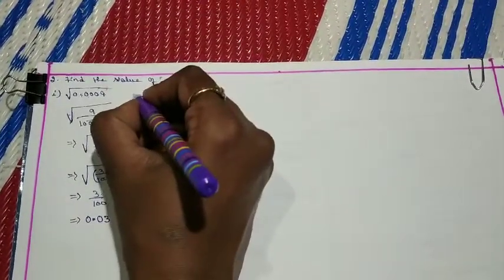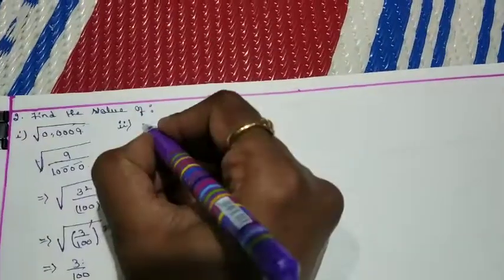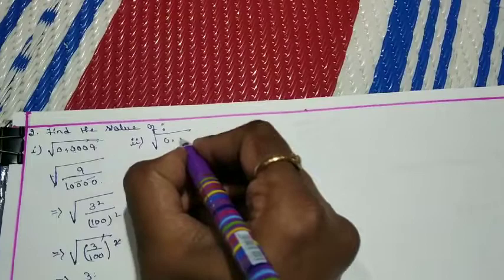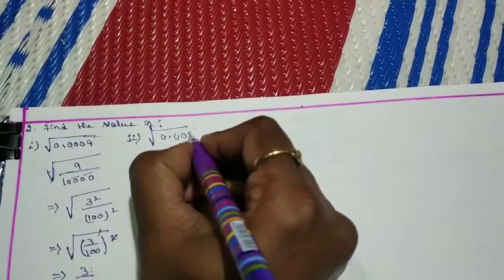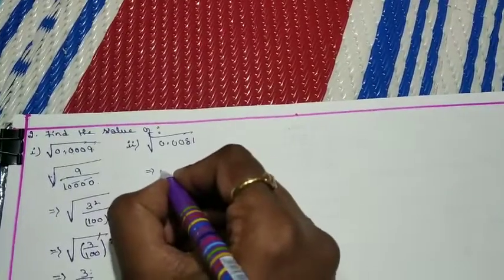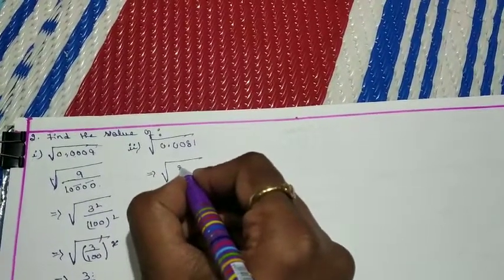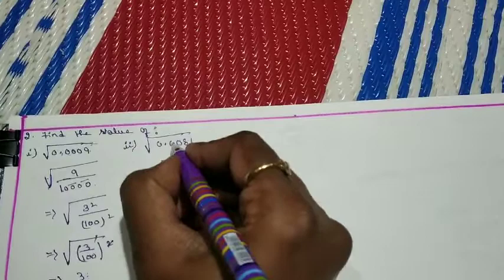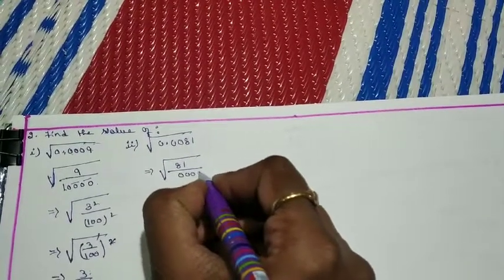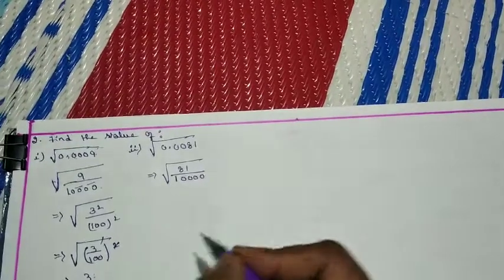Then I'll go with the second sub question, that is square root of 0.0081. Which implies square root of 81 divided by, after the decimal point we have 4 zeros. So 1, 2, 3, 4, that is 10,000 again.